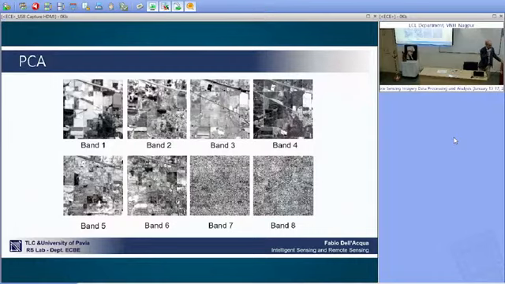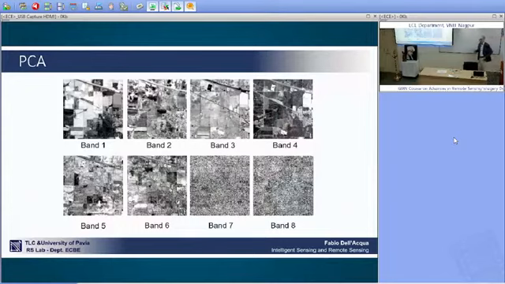To give you a practical idea, because I'm not just being negative about that, one thing you could look at is the value of the eigenvalue associated with each of these bands.